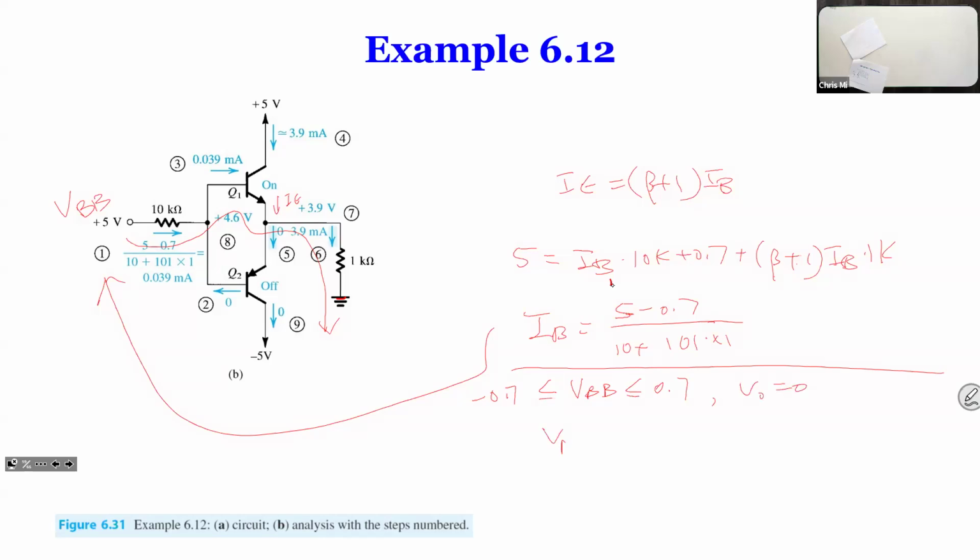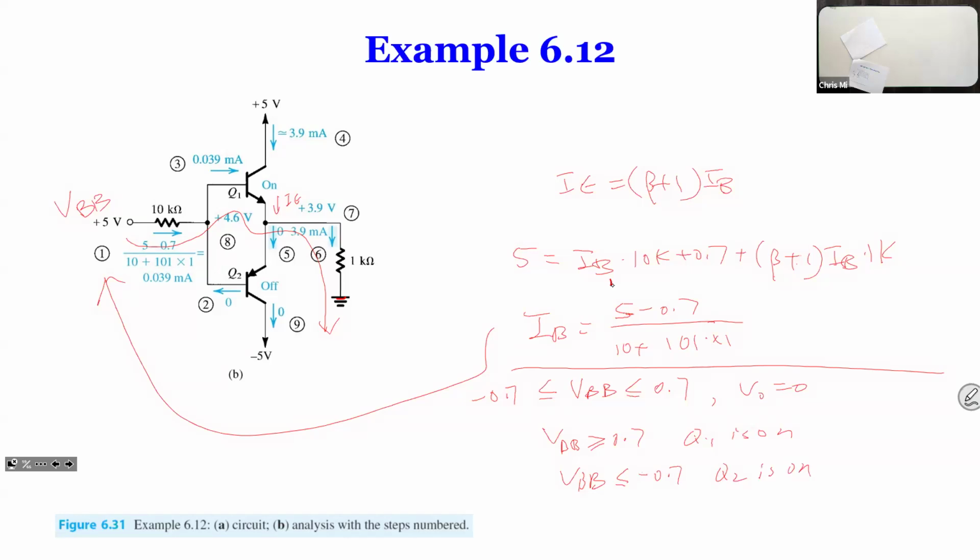When VBB is larger than 0.7, then Q1 is on. When VBB is less than minus 0.7, Q2 is on.